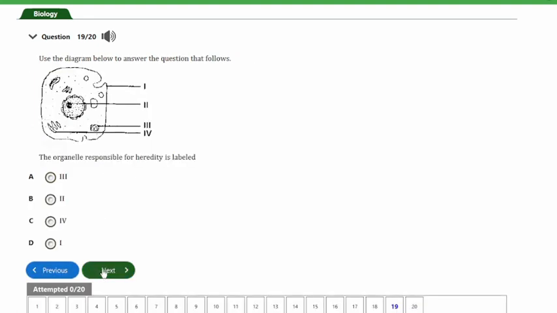Question number 19. We have a diagram here, and that's the diagram of an animal cell. Guys, the question here says, the organelle responsible for hereditary is labeled. So guys, before you are able to answer the question here, you should at least know what the organelle is, and then what the structure should look like.